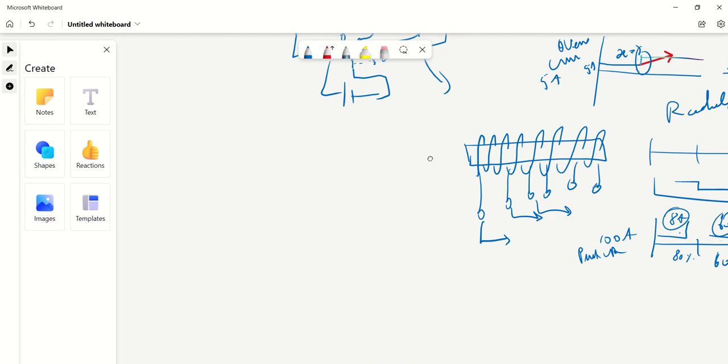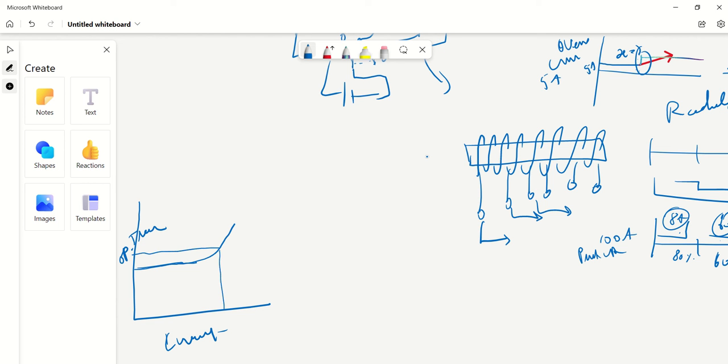Assume this is the curve, this is the current, and this is the operating time. Suppose this is the maximum current and time available. This is the set point we have given, and when the current increases to that level, we take this much time.